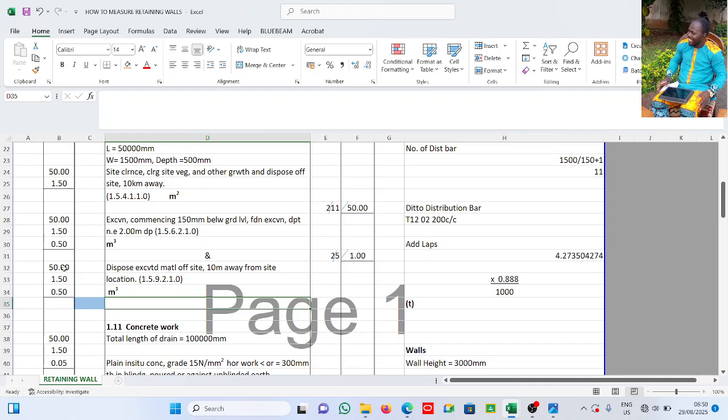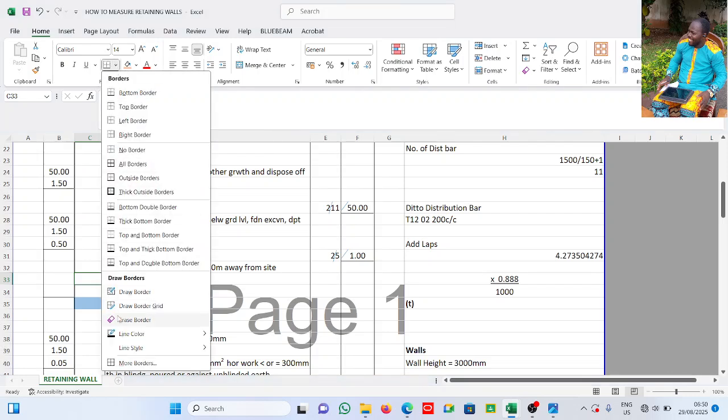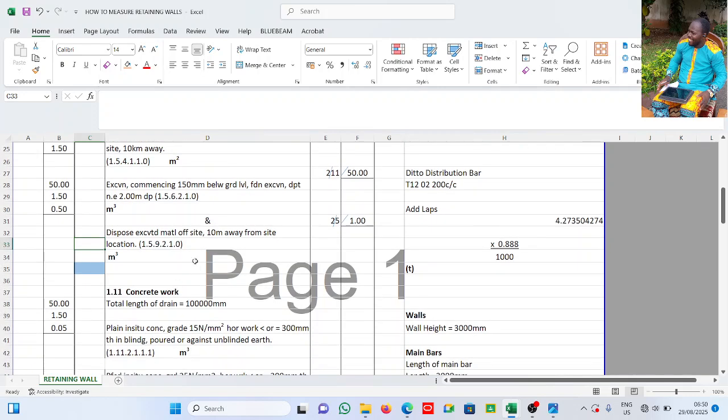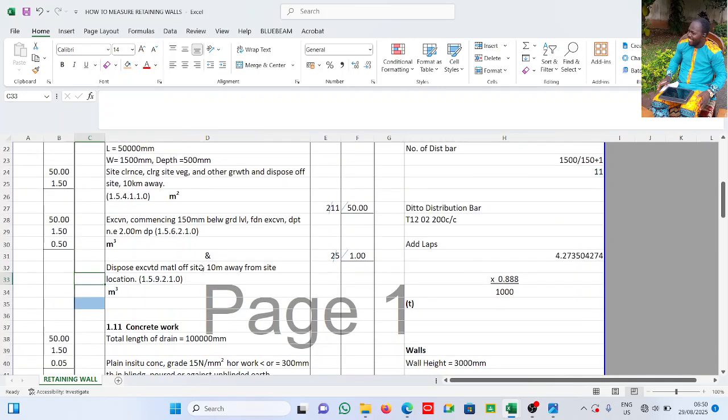It's just you telling your examiner that I understand this concept. I know how to do it. That is why you see you're using AND to link up to descriptions. But of course their BESMM4R references are different, and again they are the same units. So this is our excavation.